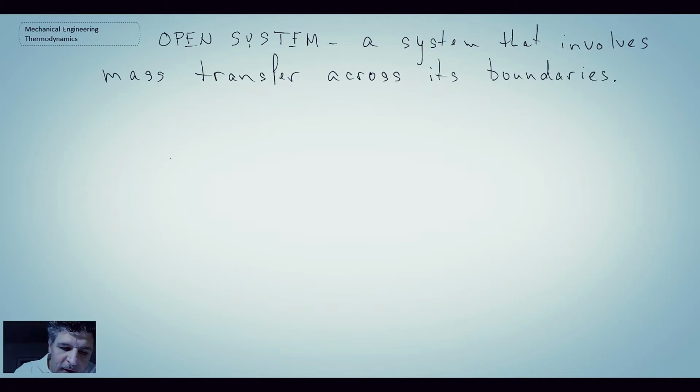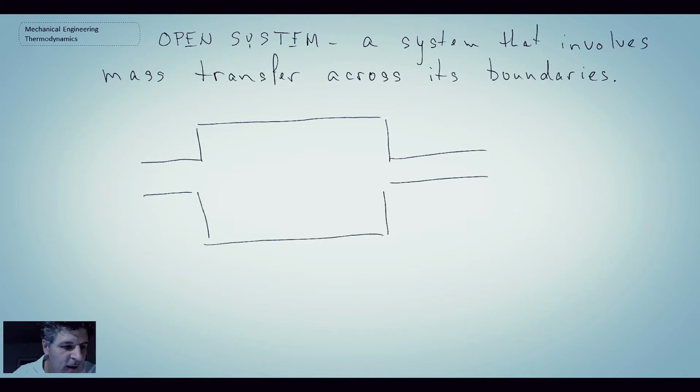So to draw a schematic of an open system, let's say we have some inlet, we have some device that we have not defined. So this might be a turbo machine, for example, such as a turbine or a compressor or a pump or anything like that.